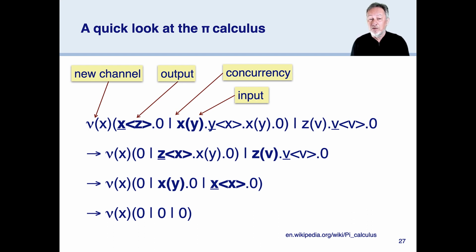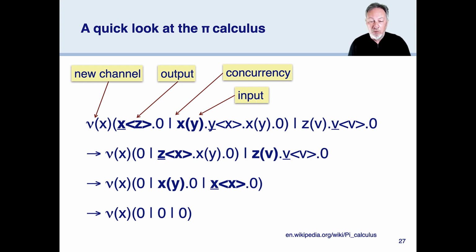Every single channel through which we can communicate between processes is a kind of a lambda. And the new channel construct models the scope for which a channel is visible. So in this expression here, x is scoped in the left-hand part of the whole expression up to the OR bar followed by zv.